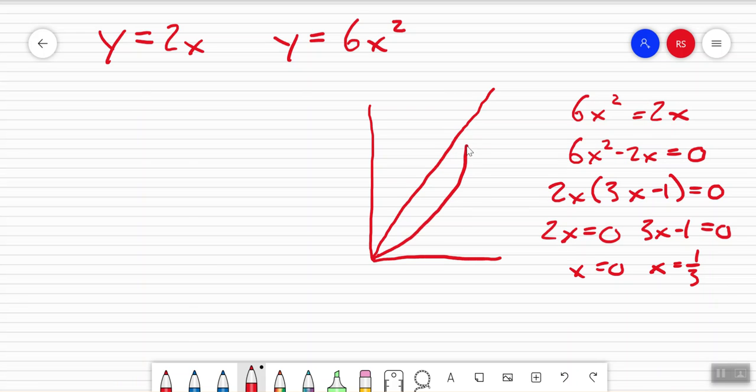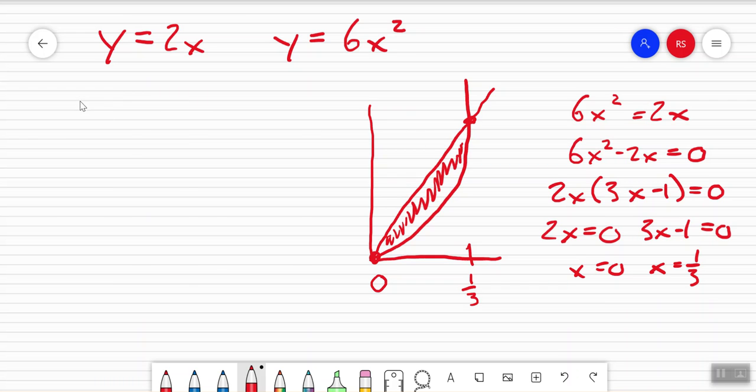And so this one's going like that. And so our points of intersection right here, this of course is at 1/3. And this point right here was at 0. And we're looking for all of this area in between these two curves. Now, the one important thing that we need to know here is which curve is on top. So the linear curve is on top.